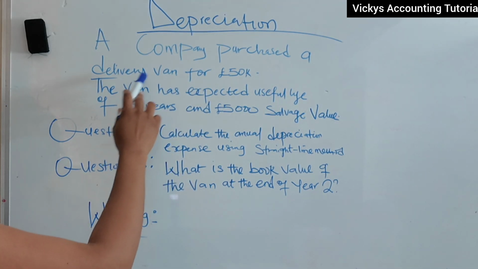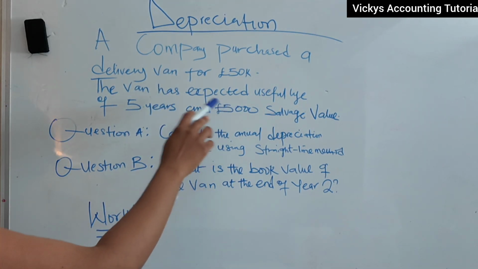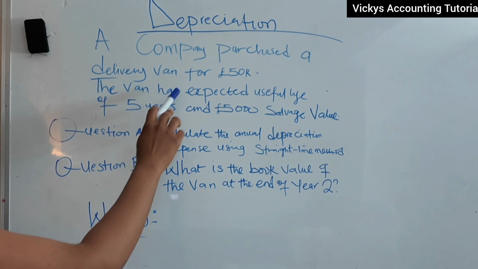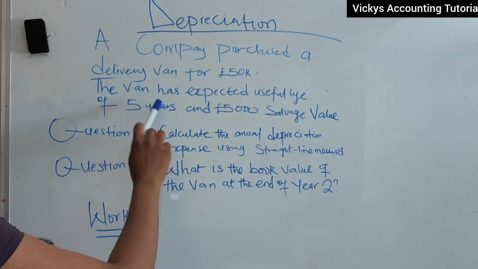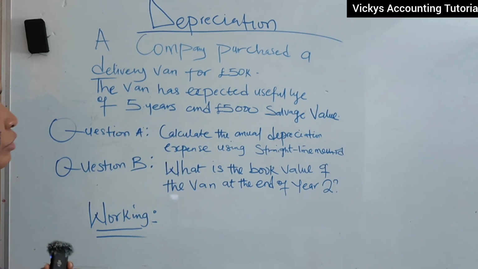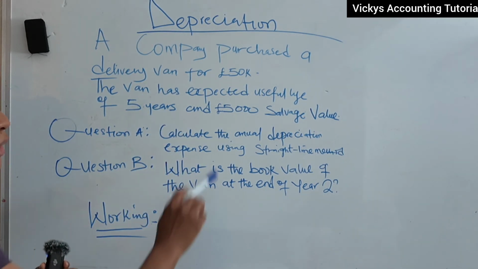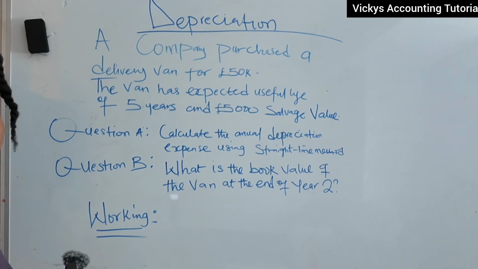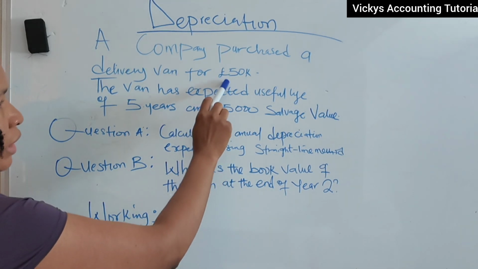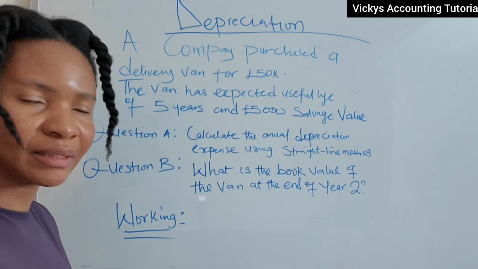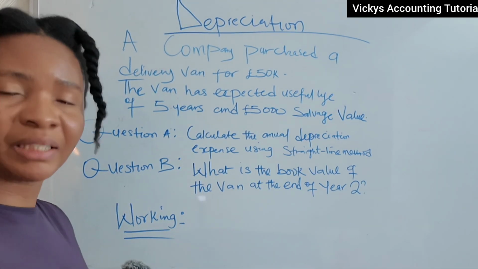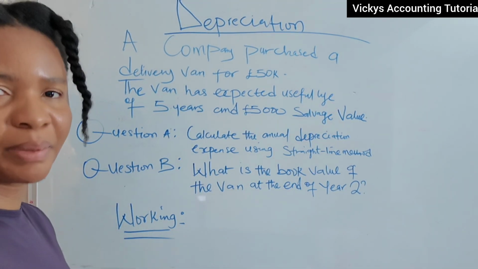We have a company, and that company purchased a van worth 50K. And this van is expected to have a useful life of 5 years with a salvage value of 5,000. We purchased a van. A van is a tangible asset, a fixed asset, and is expected to help generate future economic benefits.